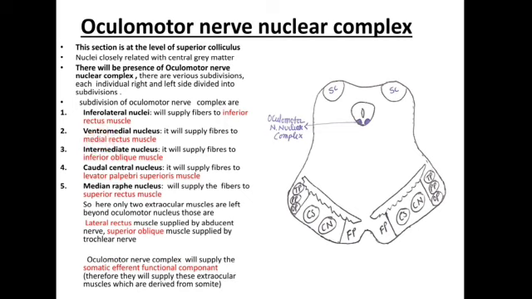Ventromedial nucleus supplies fibers to medial rectus muscle. Intermediate nucleus supplies fibers to inferior oblique muscle, and caudal central nucleus will supply fibers to levator palpebrae superioris muscle.